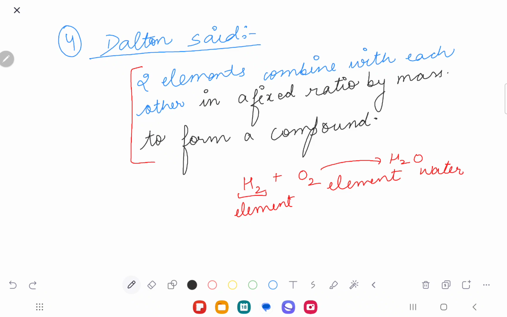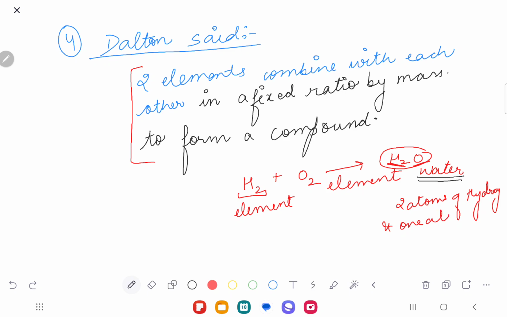When I say water, that means what? Water basically does what? You tell me. Water has two atoms of hydrogen and one atom of oxygen, right? Are you understanding my point?